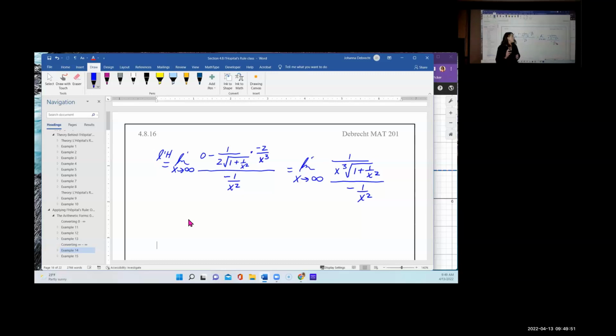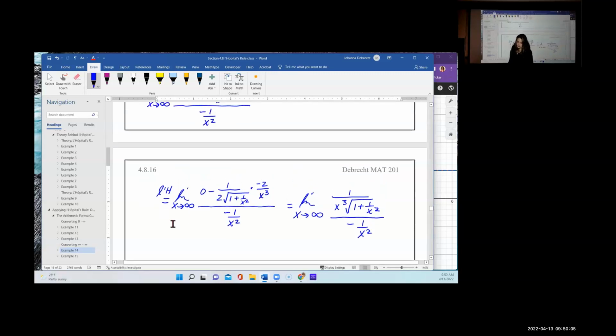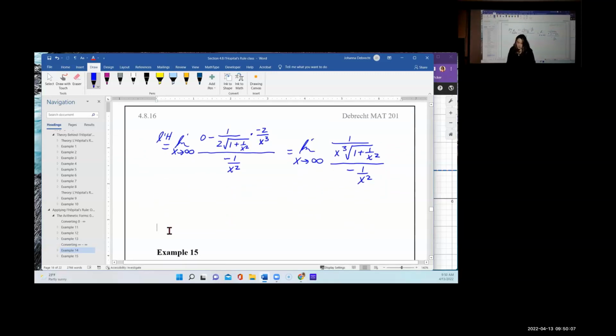Now we want to undo the division by the reciprocal and make it multiplication by the factor. So dividing by 1 over x squared is the same as multiplying by x squared. So I'm going to move what is in the denominator of the denominator to the numerator, which is where it goes.